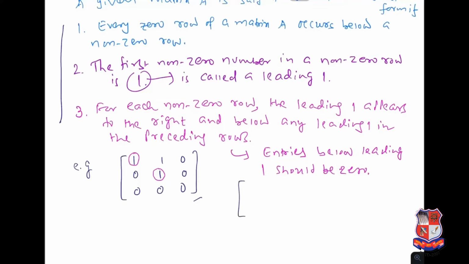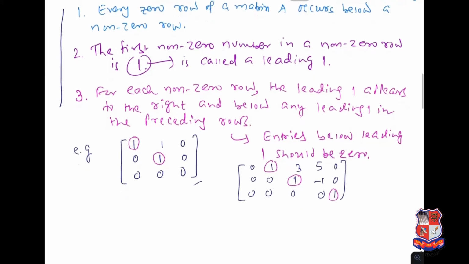This is also a row echelon form: 0 1 3 5 0, then 0 0 1 minus 1 0, 0 0 0 0 1. The leading ones are here, here, and here. So these are all row echelon forms.